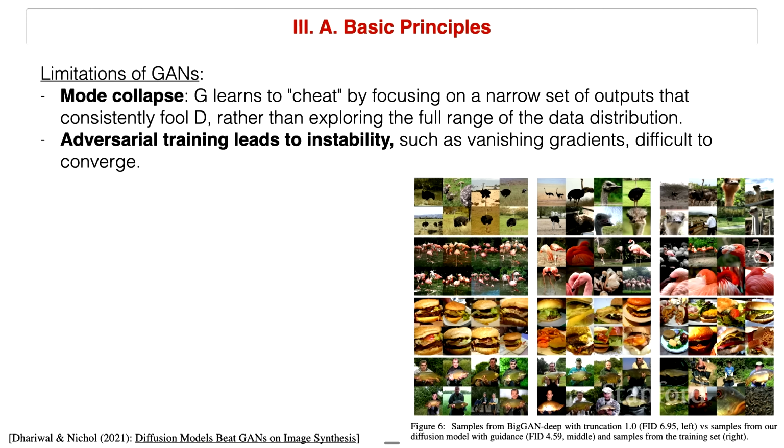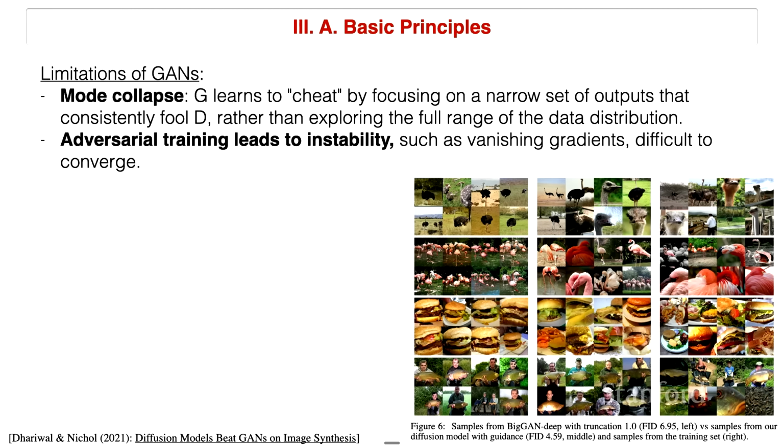And so here you can see examples of, on the left side, BigGAN, which was a really good GAN at the time. In the middle, you can see the diffusion version. And then on the right, the actual real samples from the training set. And what I want you to look at here is the variety that you can get from a diffusion model. If you look at the flamingos, the GAN has a tendency to always generate flamingos in groups, in bunches.